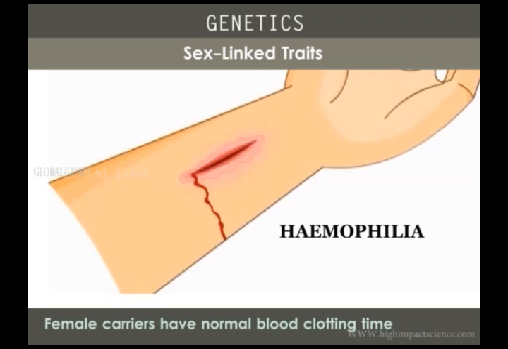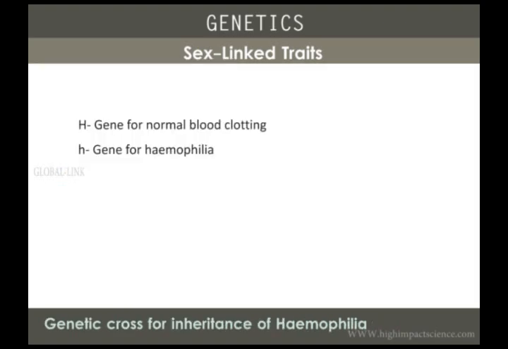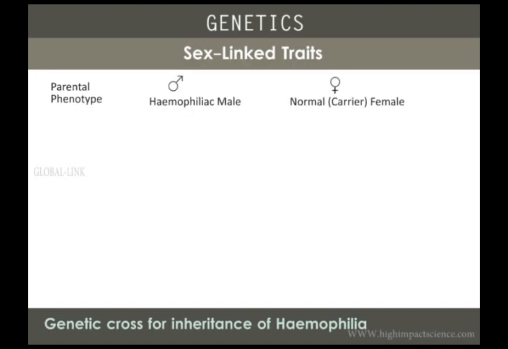If capital H represents the gene for normal blood clotting and small h the gene for hemophilia, let us see the possible outcomes from a marriage between a hemophiliac man and a carrier female. Parental phenotypes: the male is hemophiliac and the female is a normal carrier.